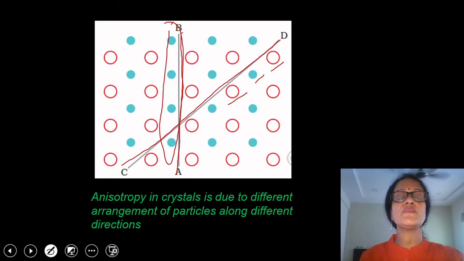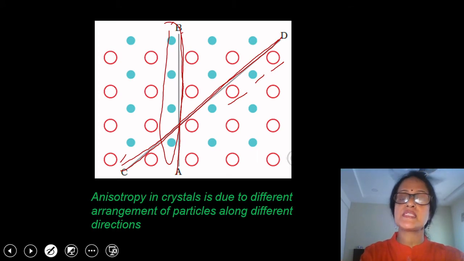So the reason for anisotropy is the different arrangement of particles in different directions. Mechanical properties such as resistance to shearing stress might be quite different in different directions. For example, deformation in direction CD displaces rows which have two different types of atoms. You can see two different types of atoms in this row.